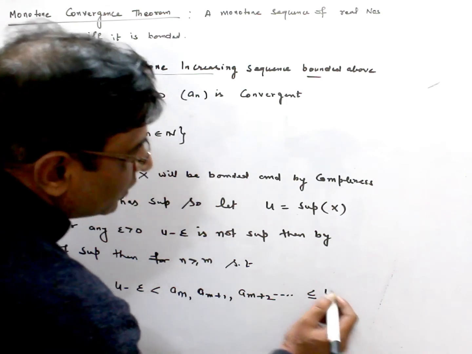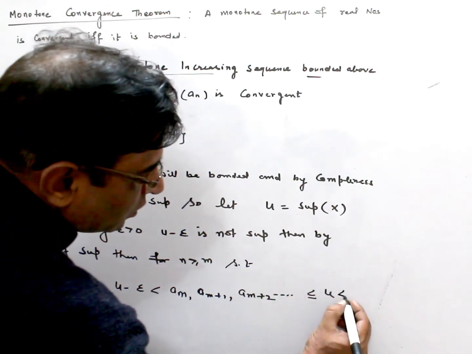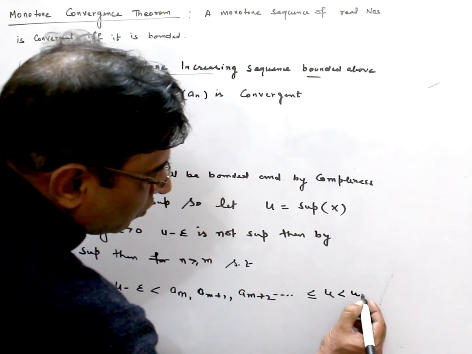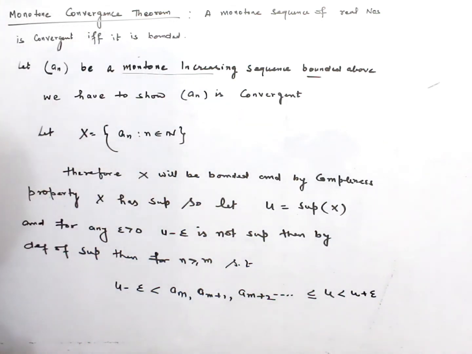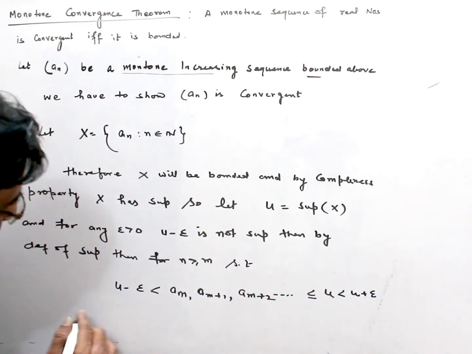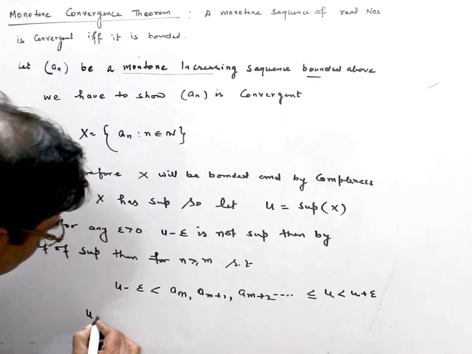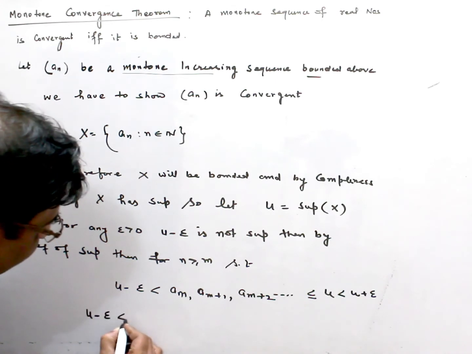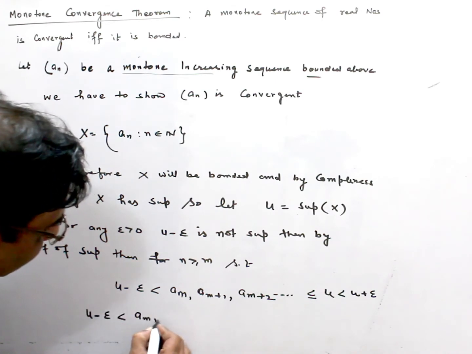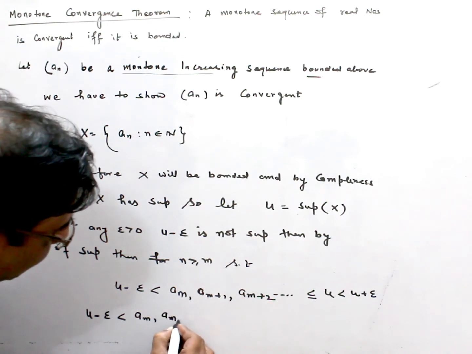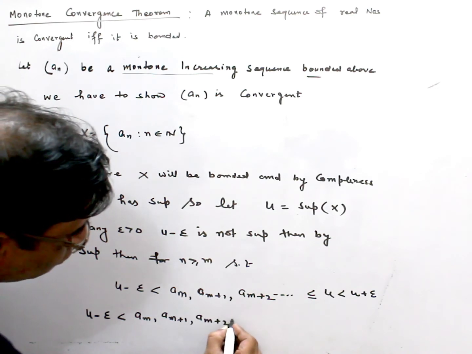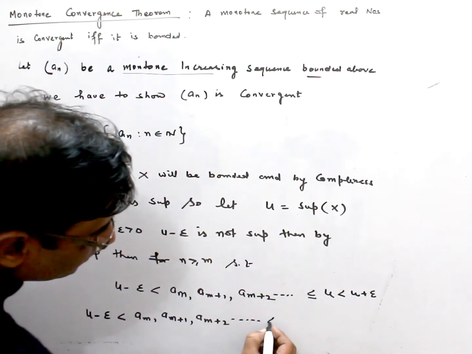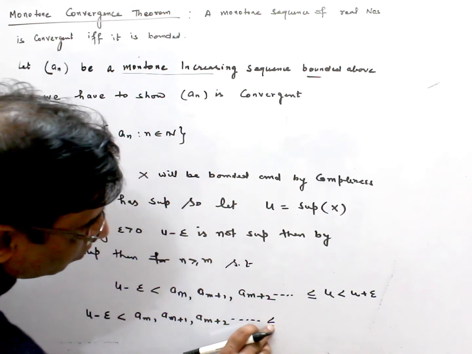And because epsilon is positive, U is always less than U plus epsilon. Therefore, I get the result U minus epsilon less than a_m plus 1, a_m plus 2, and so on.